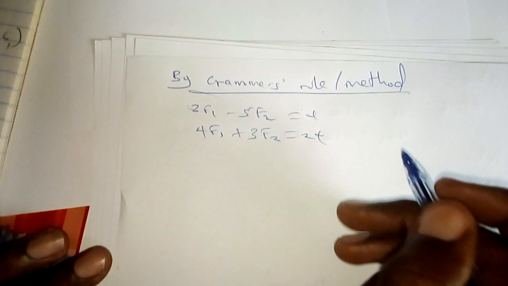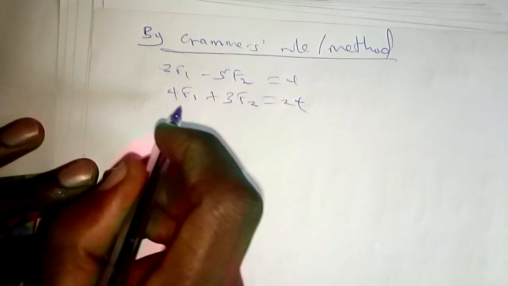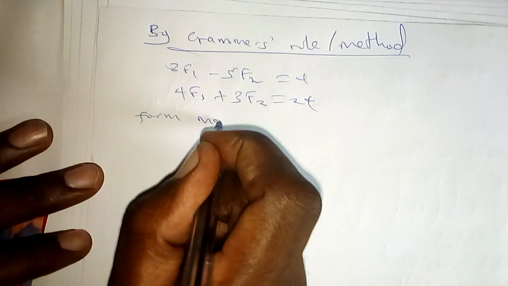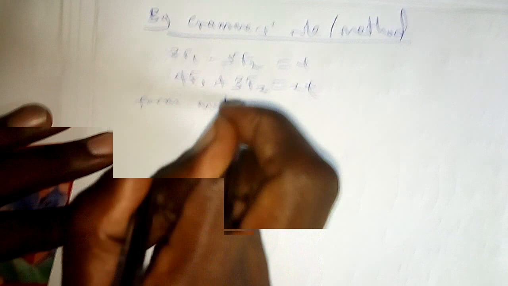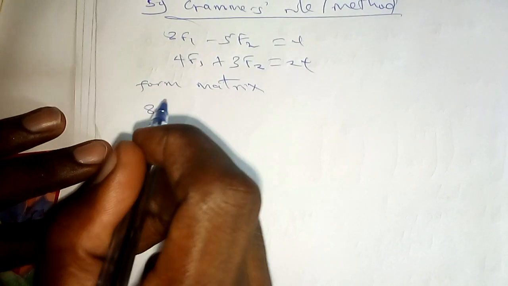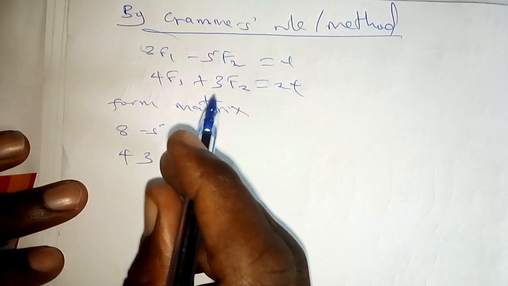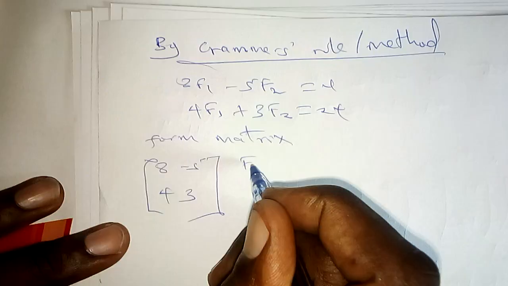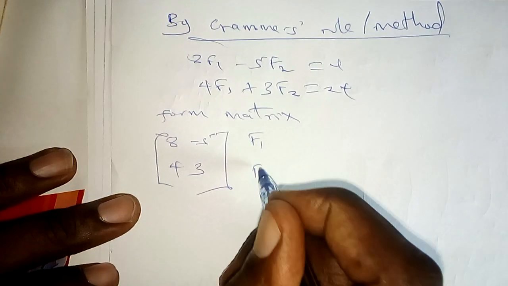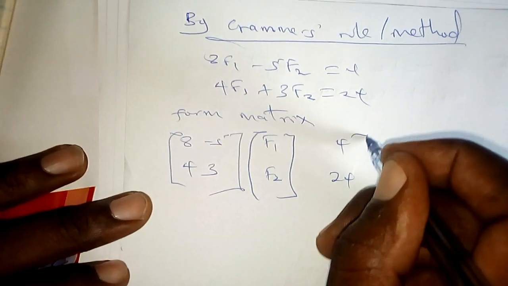From these two equations, form a matrix as usual: 8, negative 5, 4, 3, times the matrix f1, f2, equals 4, 24.